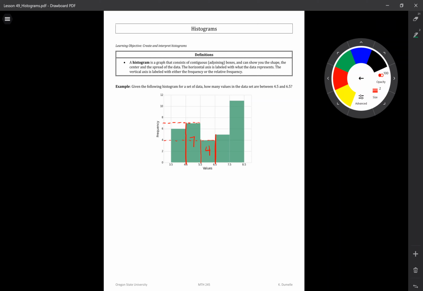So I have a total of 11 pieces of data between 4.5 and 6.5. So again, the height of each box represents the frequency, or sometimes the relative frequency, of that particular value.